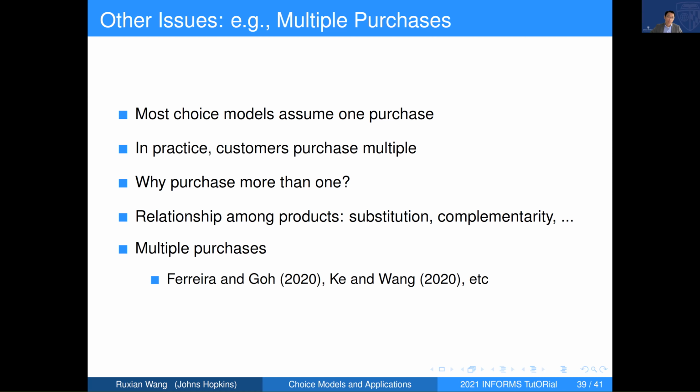And we may want to figure out why consumers purchase more than one. Here it is about the relationship among products: substitution, complementarity, or both, or budget. Although it's a new topic, there are also some existing works on multi-purchases.